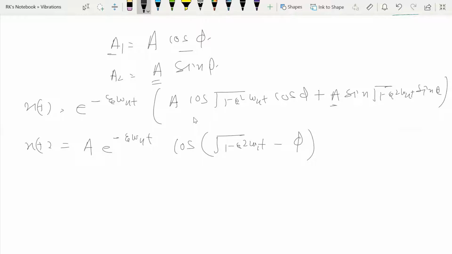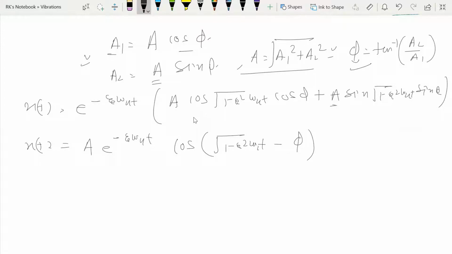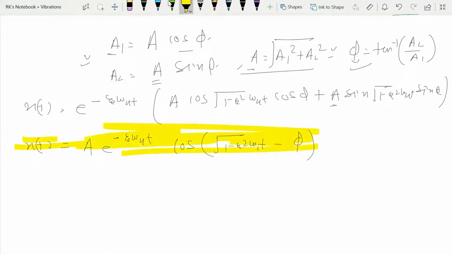Here A can be found using these two. So A can be represented as the square root of A1 square plus A2 square, and phi can be found using tan inverse of A2 over A1. So this is tan phi and this is A. So this is the second form of this solution, right?